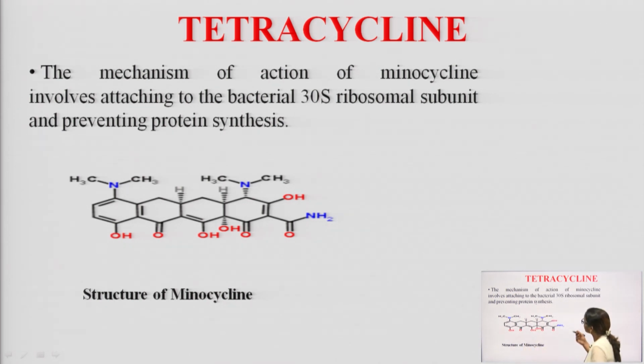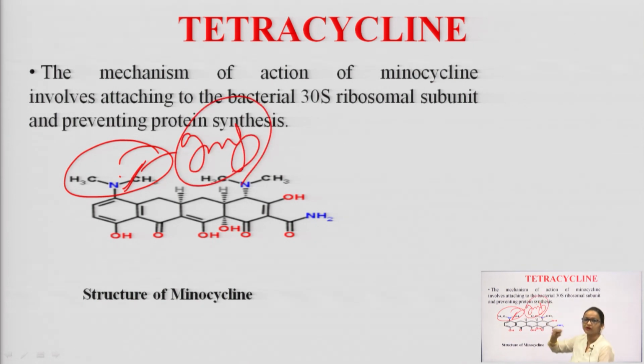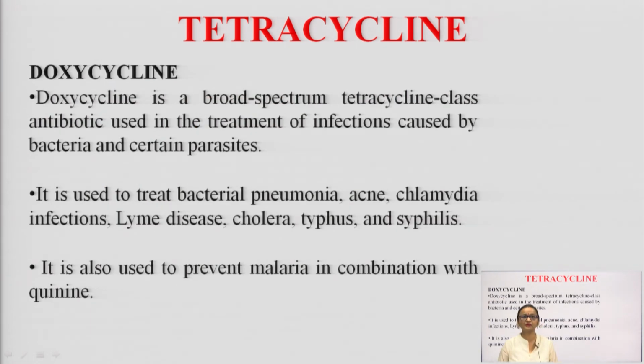Now, in its structure you can see the presence of one more dimethylamino group. I am showing you this again because it is very important. Why is it very important? Because the attachment of this substitution increases its activity. So, in this lecture we have discussed all about the SAR.